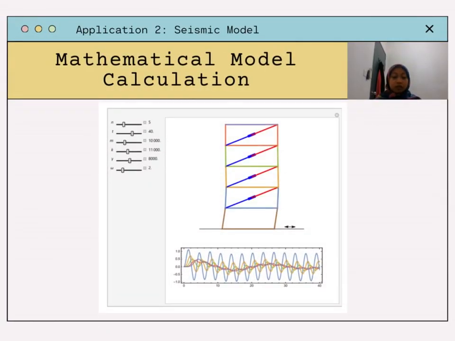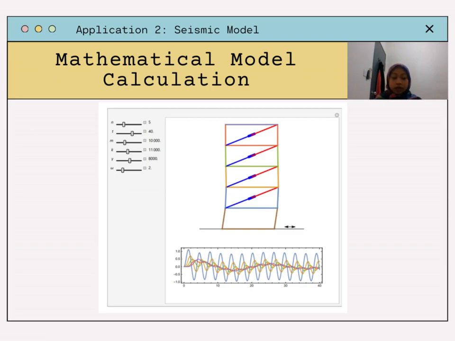This is a rough model of the behavior of an idealized tall building undergoing horizontal seismic motion. The building has n floors supported by walls. Each floor has mass, but the weight is not taken into account. The displacements of the floors from their equilibrium positions are S1, S2 until Sn.